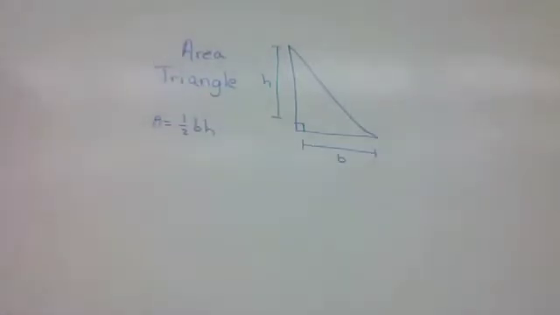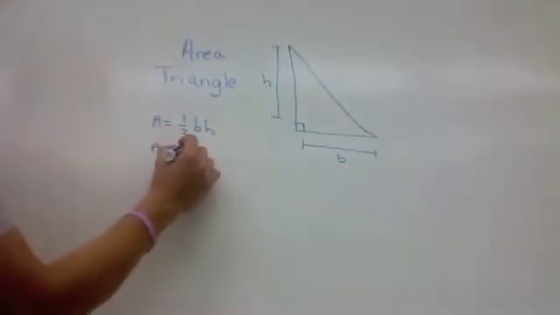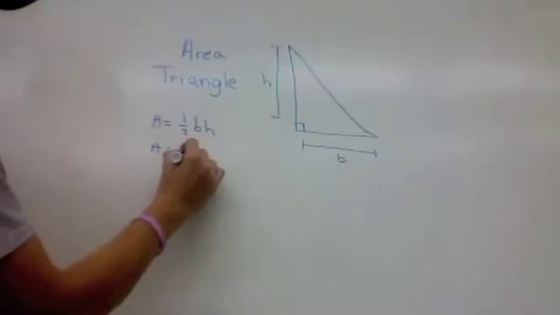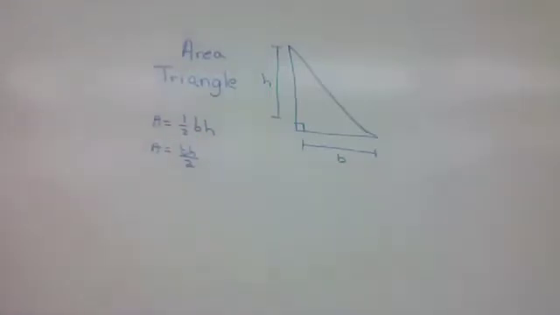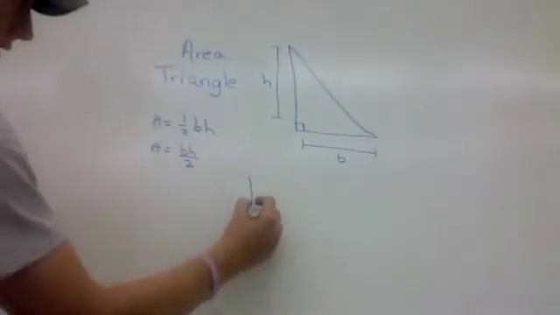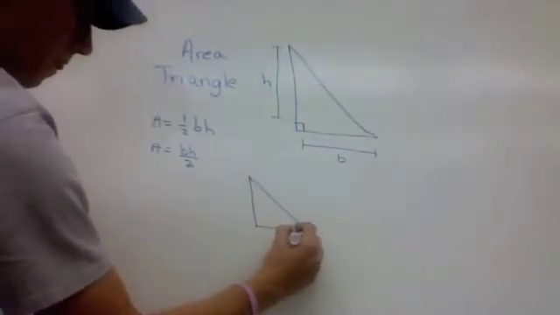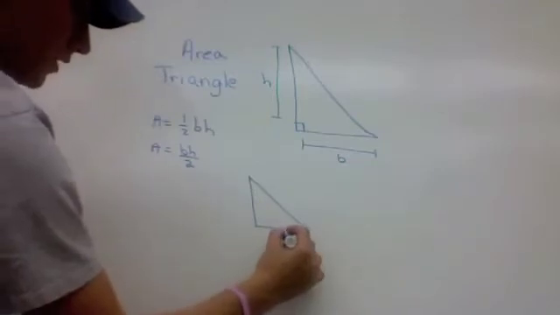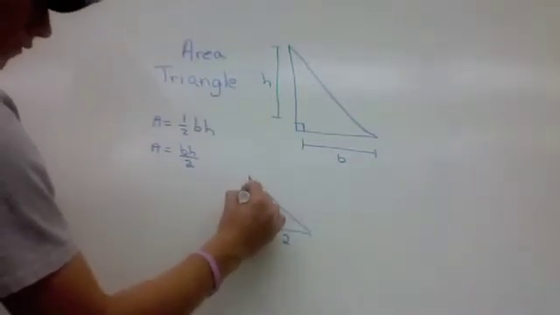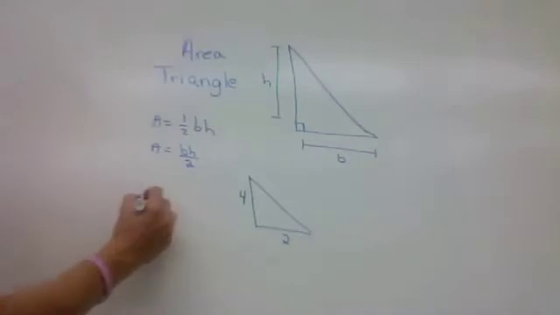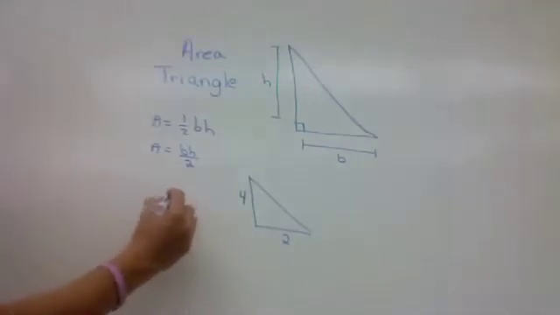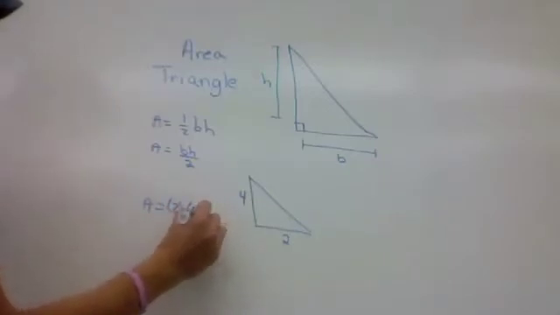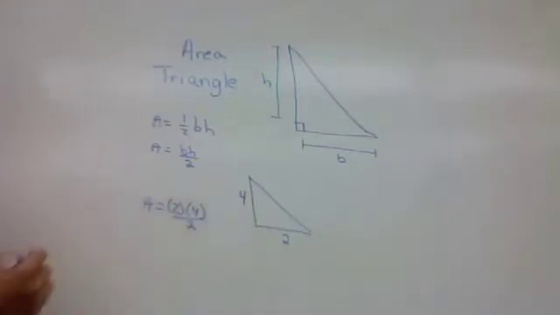Now I've seen it done a lot of ways, and sometimes you also see it as base times height divided by 2. Either way works, either way is going to give you the same answer. So if we took a triangle, for instance, and gave it a base of, let's say, 2 and a height of 4, we're going to put in area equals base of 2, a height of 4, divided by 2 in this case.